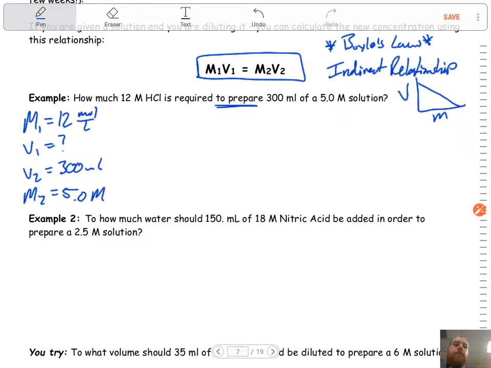Now you might be thinking, with my other calculation, I had to convert to liters. With this one, you don't necessarily have to. If you want to do that just to keep it consistent every time so you don't forget, because I can tell you right now, many of you will forget that with molarity, when you calculate M equals n over L, you have to have liters.